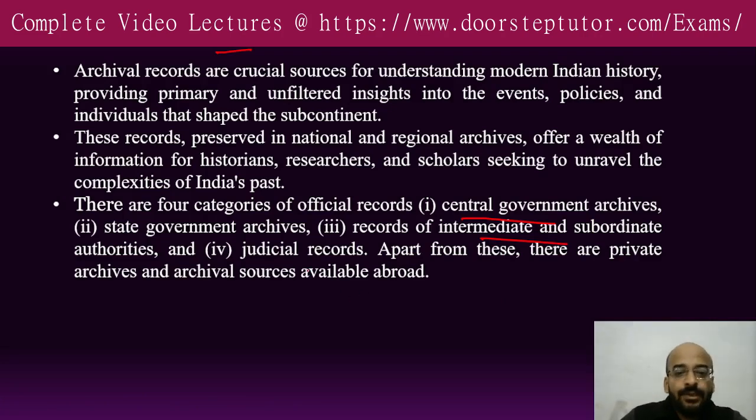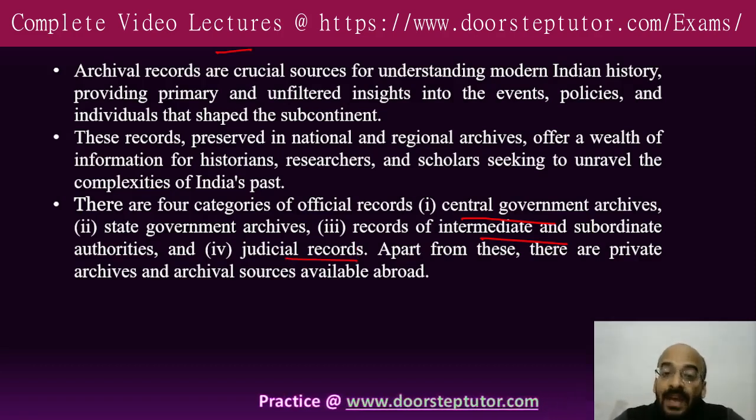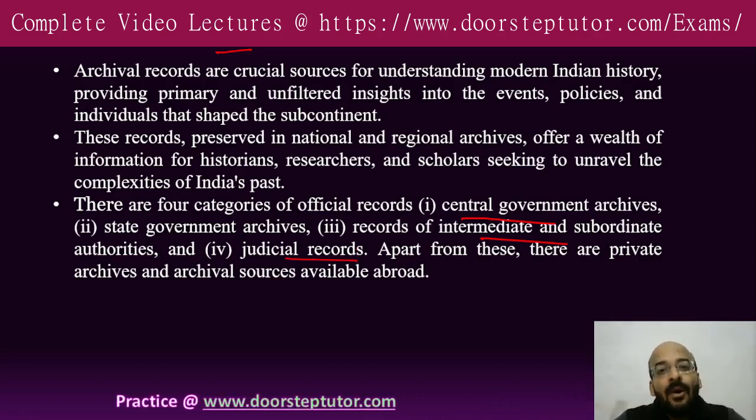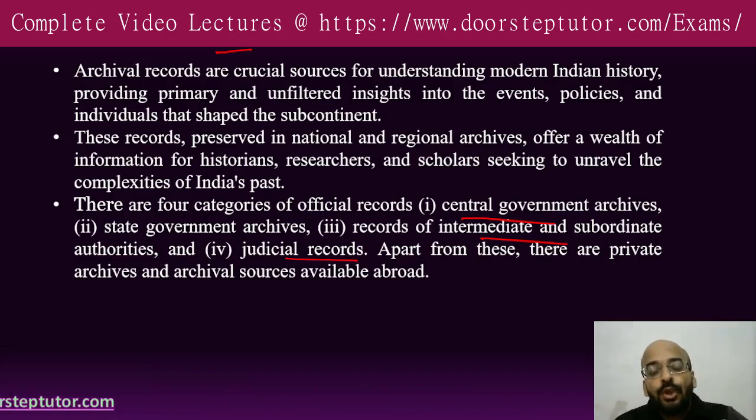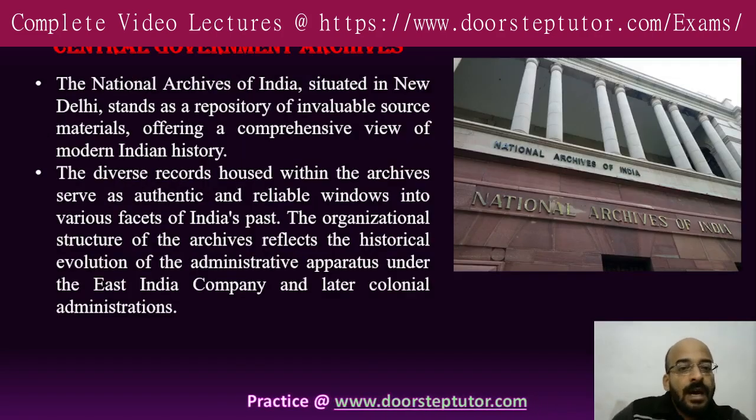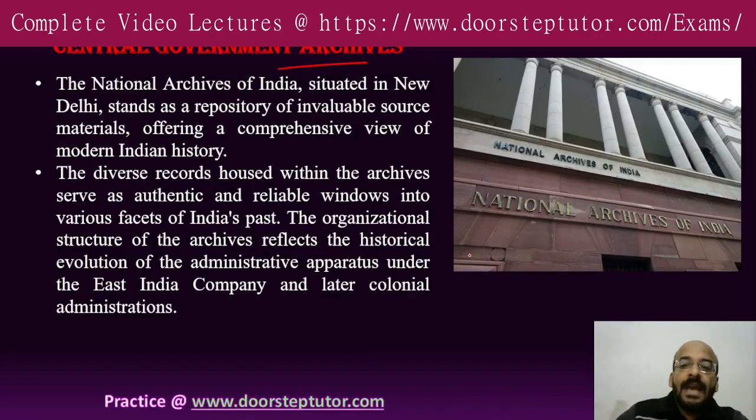Then we have various judicial records, because the judiciary was very active at that period of time, and various cases were discussed there. These judicial records showcase how the development of the judiciary took place in the pre-independence and independent era, right?